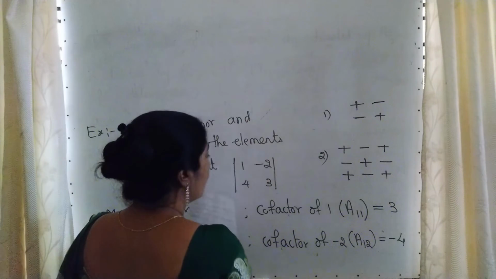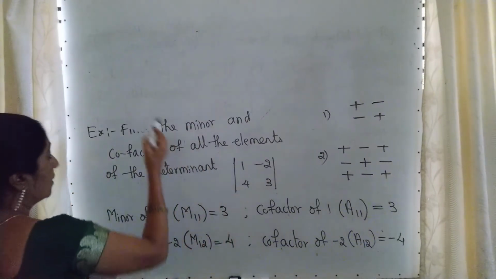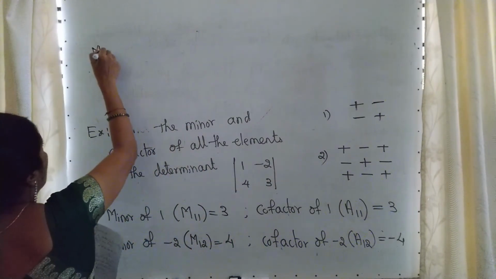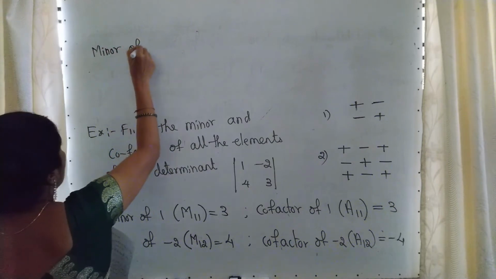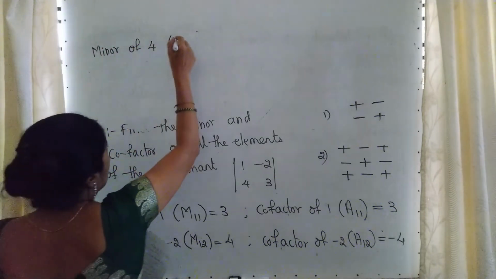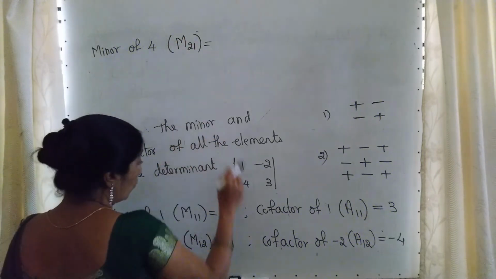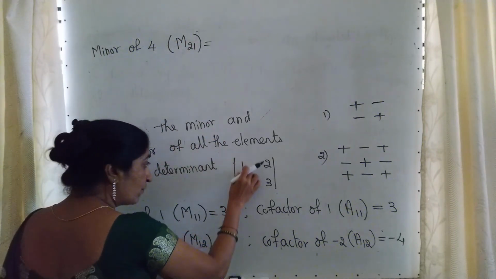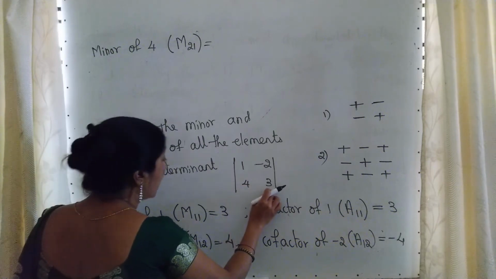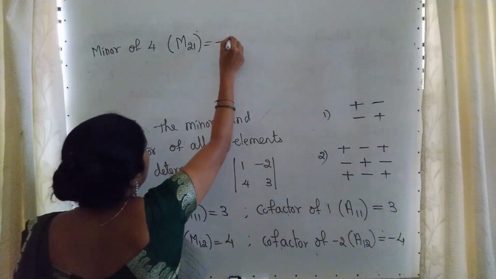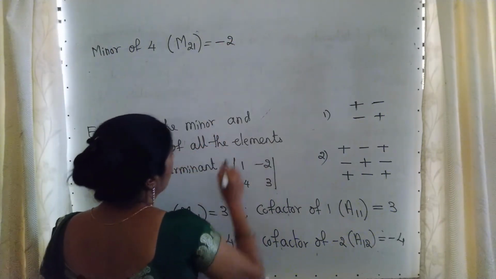Don't lose attention. If you write slowly, you will understand. Next, minor of 4. How do you write? M21. Second row, first column. Leave first column and second row. What is the answer? -2. The -2 is present.